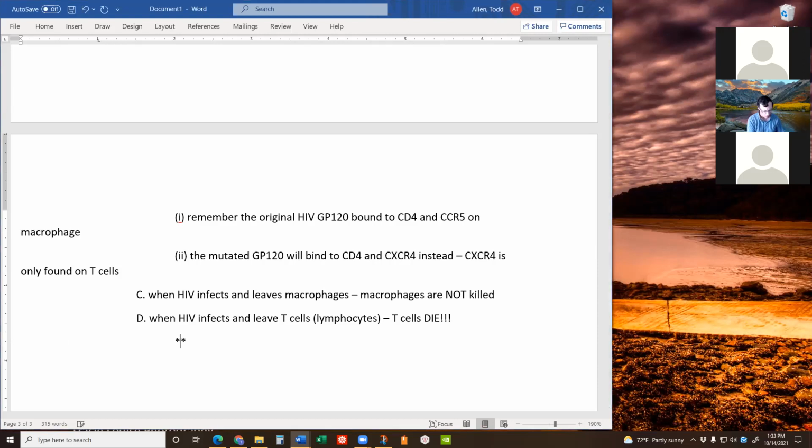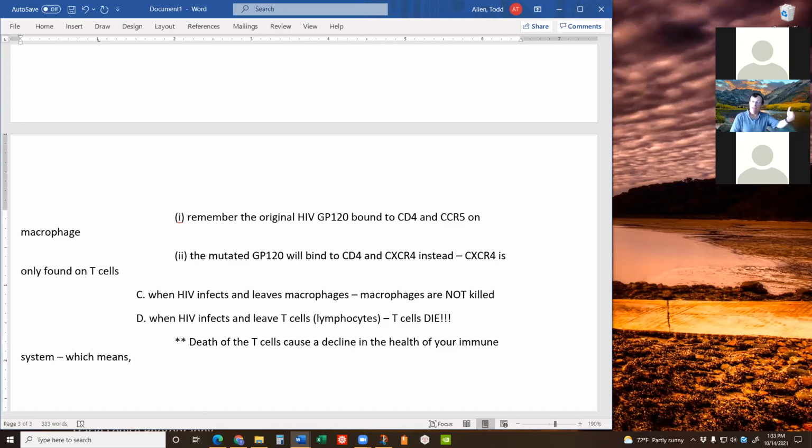All right, so death of the T cells causes a decline in the health of your immune system, which means that you have now acquired immunodeficiency, right? AIDS, acquired immunodeficiency syndrome.